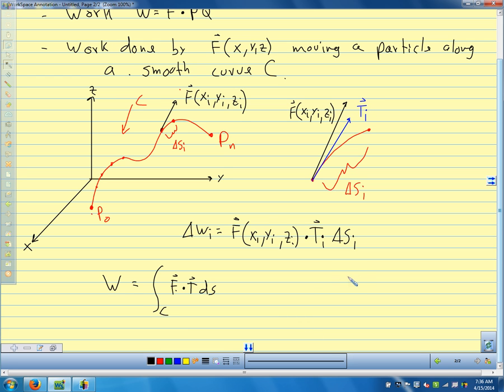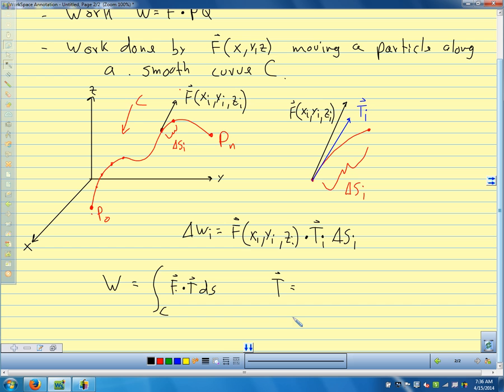And we're going to make this a little nicer so that we can evaluate this. Do we remember how we found our unit tangent vector at a particular point on the curve? What quantity gives us a tangent vector at a point on the curve? r prime.